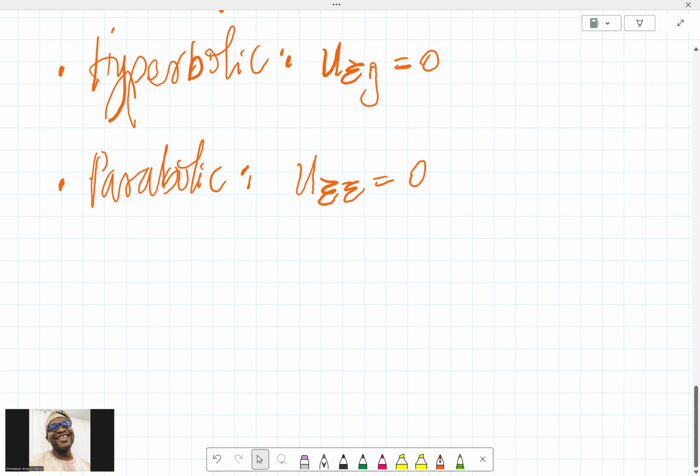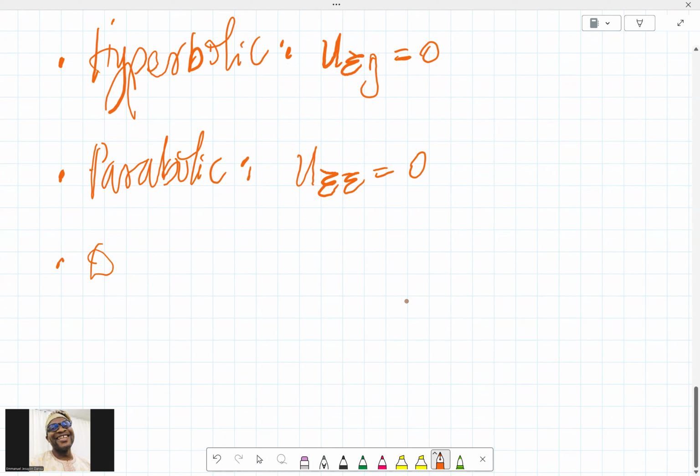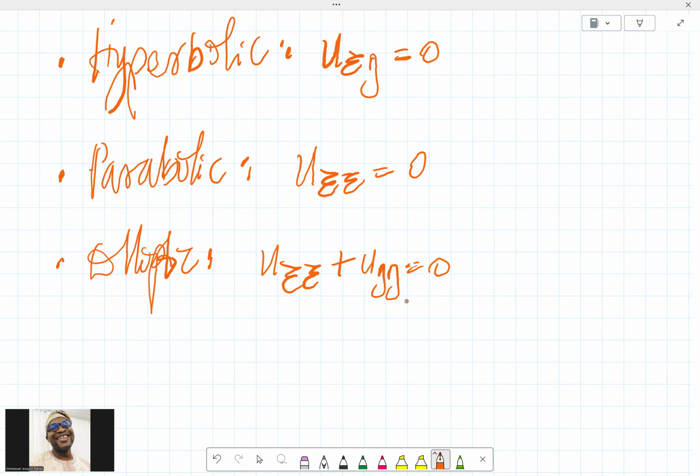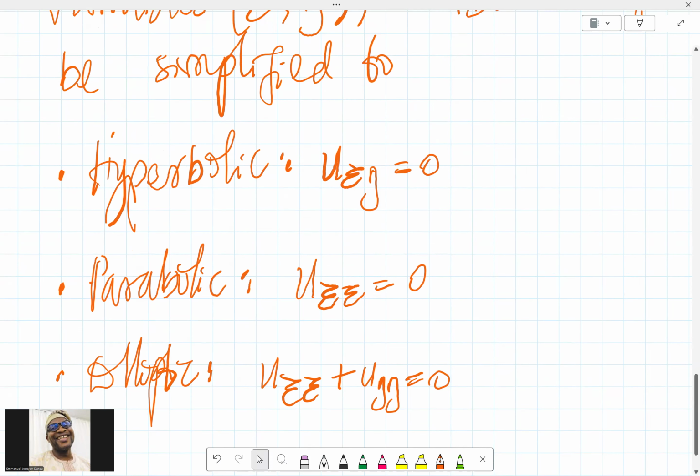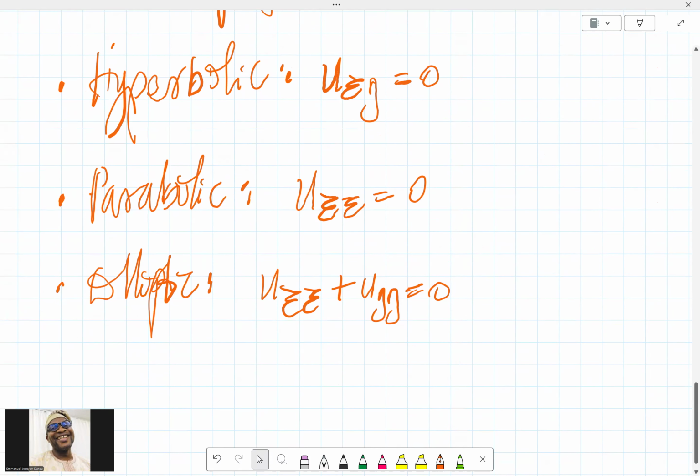And lastly, for something elliptic, you can have u psi psi plus u eta eta equals 0. So this is a process of simplifying some of these things.